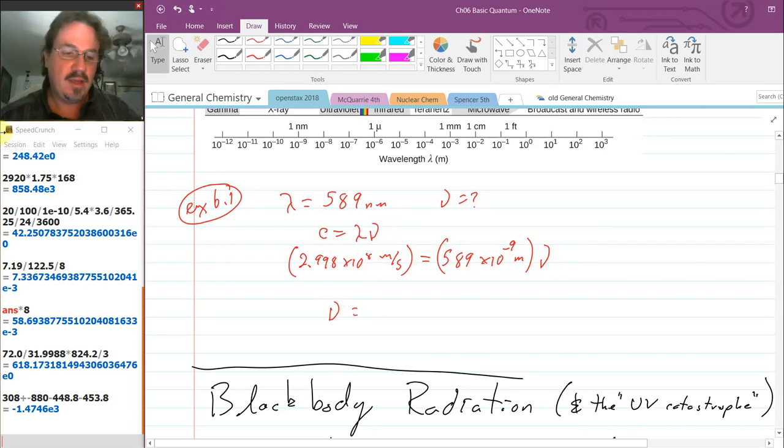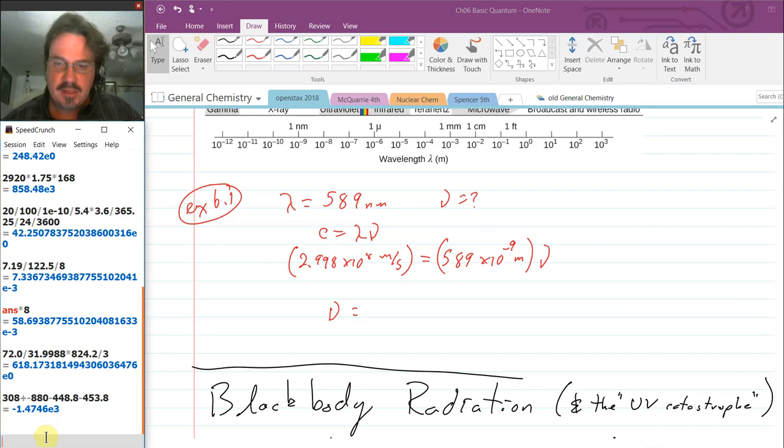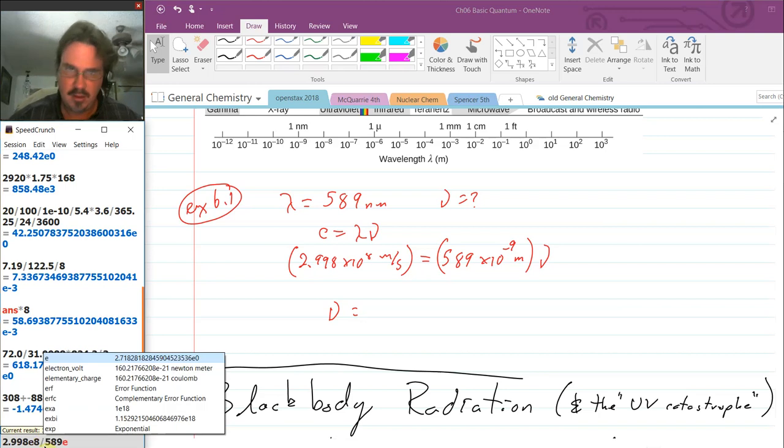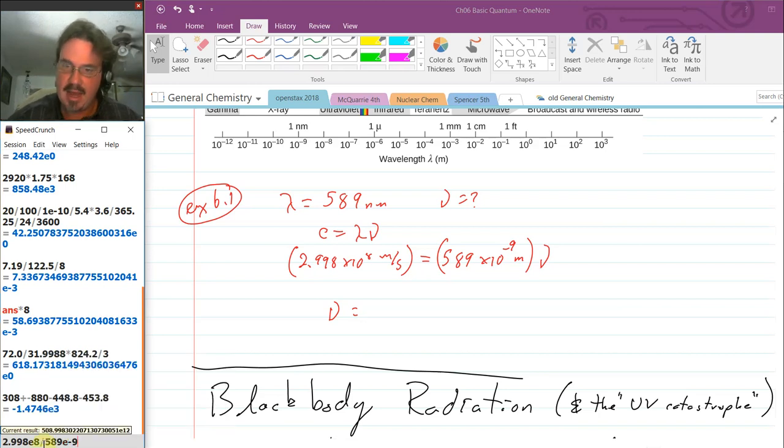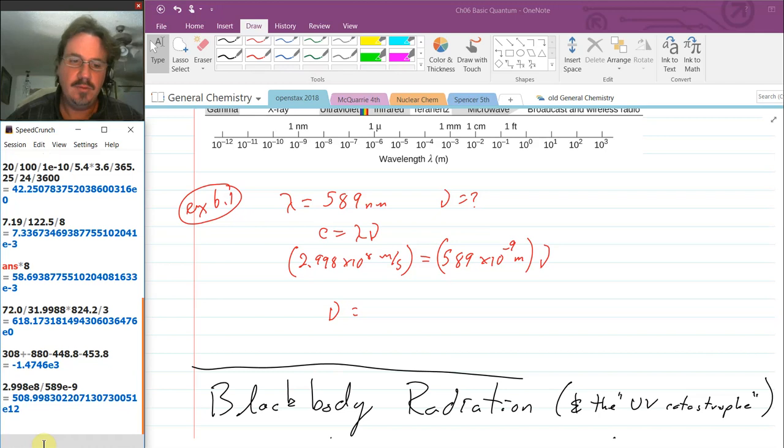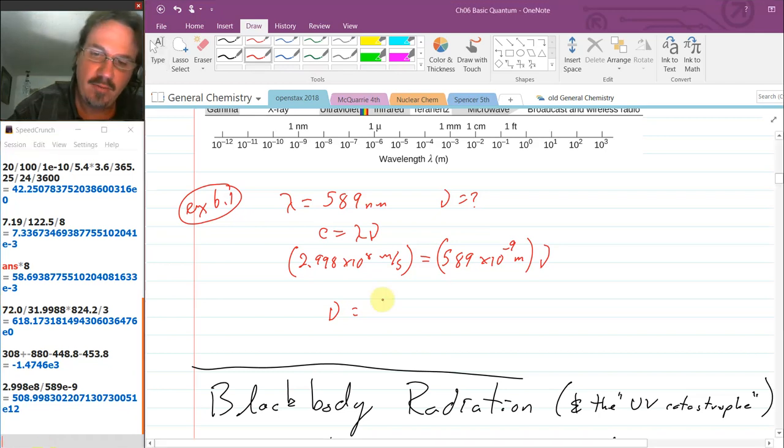Going over to the calculator, the frequency would equal 2.998 times 10 to the positive 8 divided by 589 times 10 to the minus 9, which equals 508.998. So we'll call that 509.